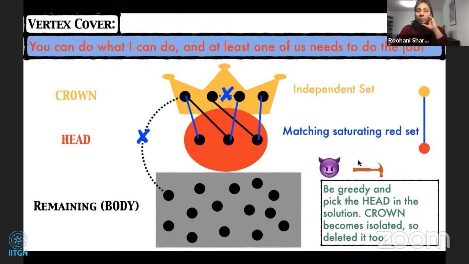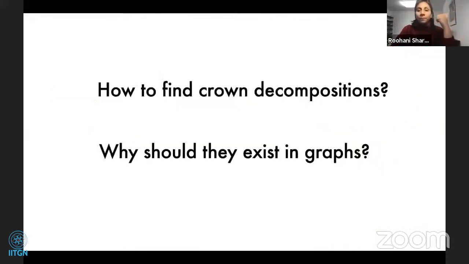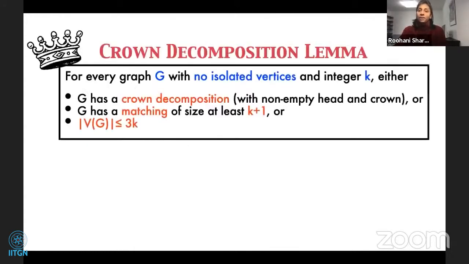But now the problem is, if we can find such a structure, sure, we can apply the reduction rule. But how do you find such decompositions? And an even more preliminary question is, why should these decompositions exist in the graph or not? The next lemma answers the previous 2 questions in the positive.